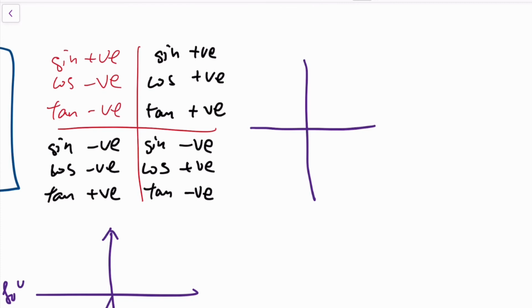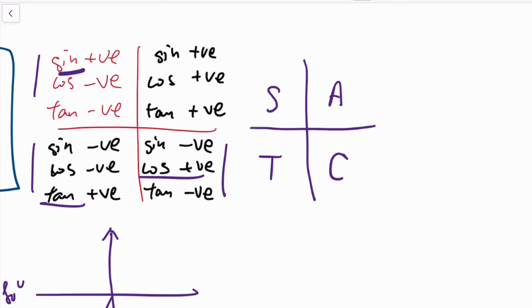And the interesting thing is if you go to quadrant 2, 3, 4, only one thing at a time is positive. So in quadrant 2, only sine is positive, so we write S. In this one, only tangent is positive, so we write T. And then here, only cosine is positive, so we write C. Now for the first quadrant, all three trigonometric ratios are positive, so usually we write A for all.